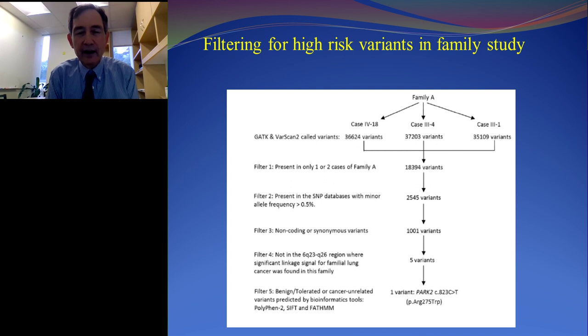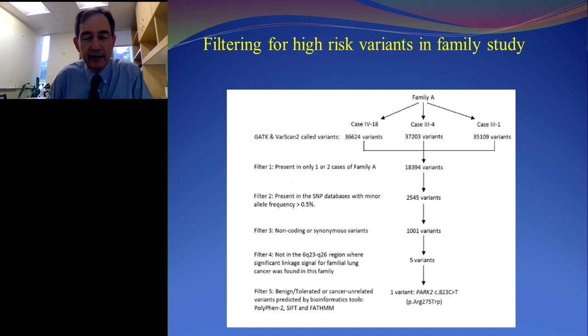By comparing the cases from sequencing with lung cancer to the controls, so relatives that didn't have cancer, and looking in that region, we were able to identify a few variants that were co-inherited with the disease and not with the unaffected people.